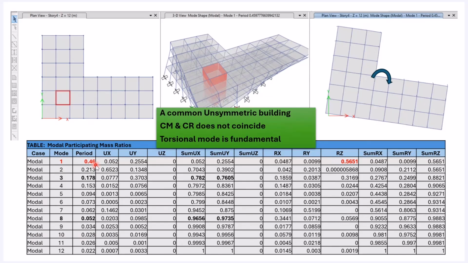Here, you will see the coupling of translation and torsional modes happening. You can see 25% here and then 56% for the torsional, right? So it will be unavoidable, but that's how the behavior for the mode shapes will be. This is mode 1, and then in mode 3 you have achieved 75% already. Then 8th mode 96, 97%.